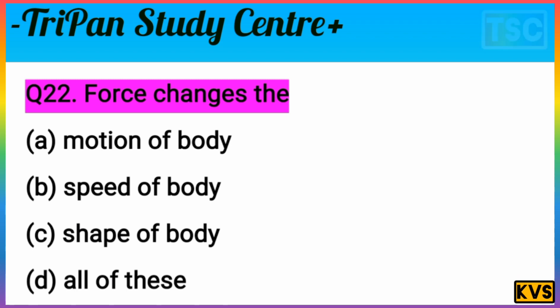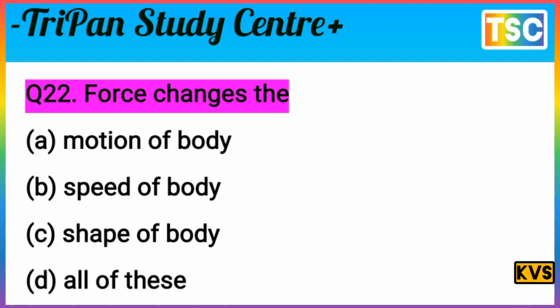It is also a correct answer. It means option D is correct. All of these are correct answers. Force changes the motion of the body, speed of the body and shape of the body. It means option D, all of these, is correct.